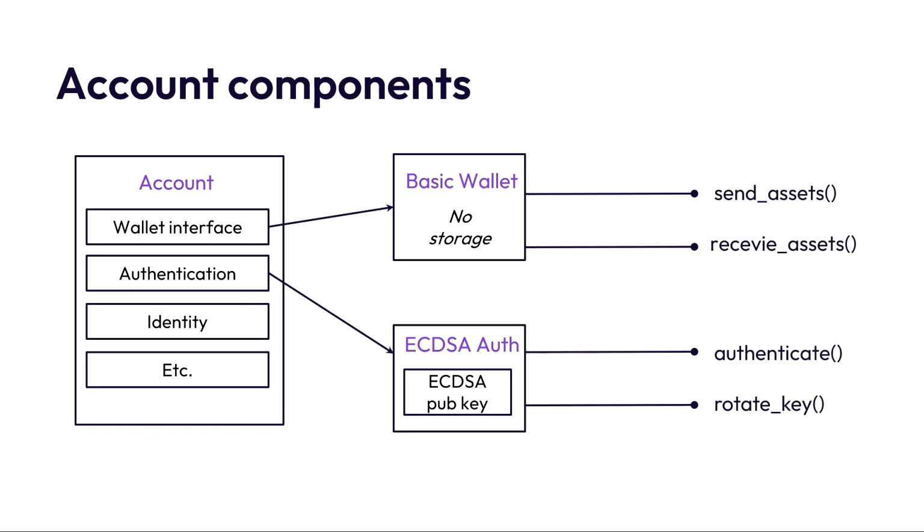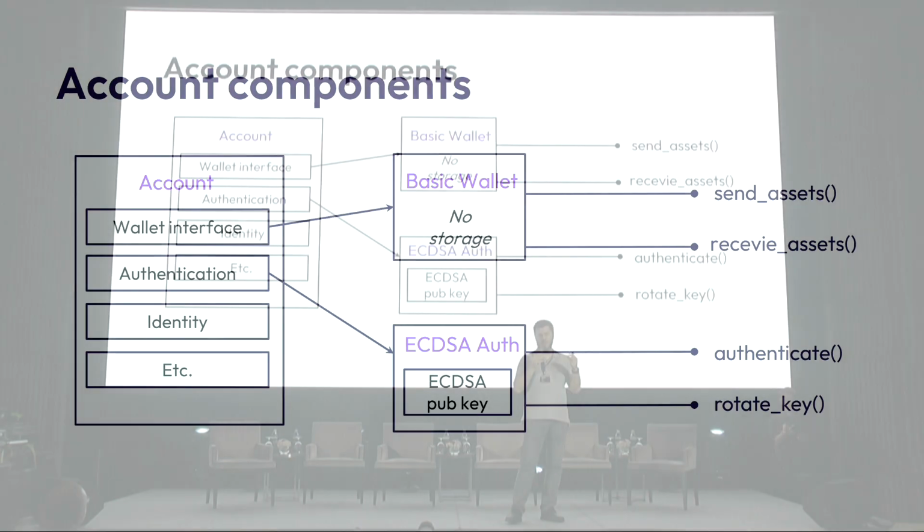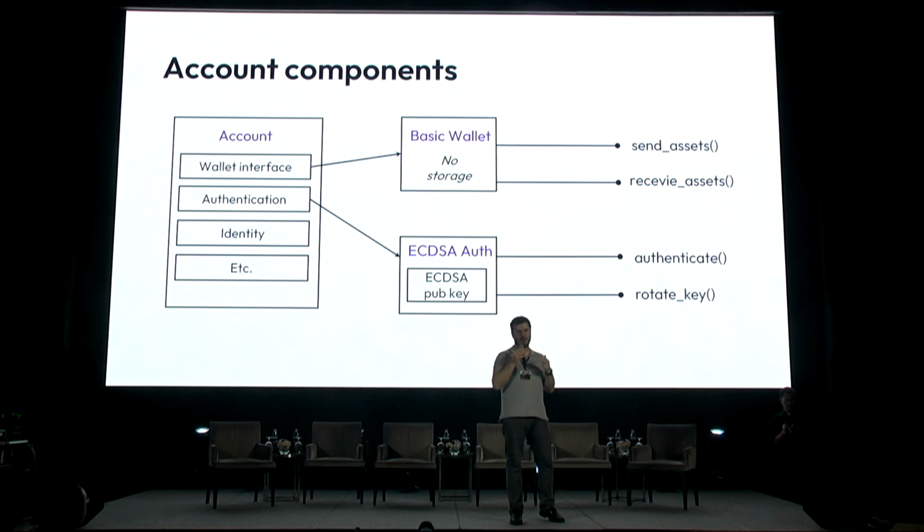And so the storage model in Miden is very flexible, where you can have different storage slots associated with different components. Those storage slots could be simple values, a 256-bit value, or it could be a map. It could be arbitrary, like the storage on Ethereum, where you have a key-value map with 256-bit keys and 256-bit values. So you can define for this component, I need two simple storage slots, and I need a map storage slot.